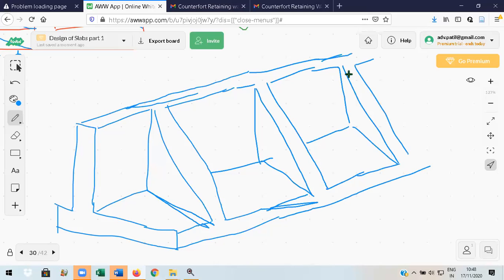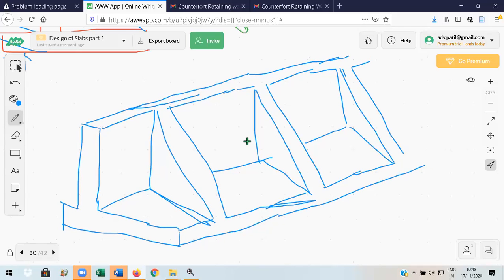Okay. Now you look at this particular figure, this is your counterfort retaining wall. Now what happens here is, this stem is no longer a cantilever slab. It is a continuous slab supported on counterforts. These are all the supports now. So the reinforcement in the counterfort is provided in such a way that it is not going to bend.